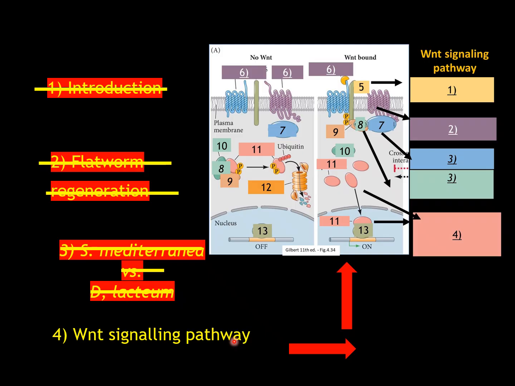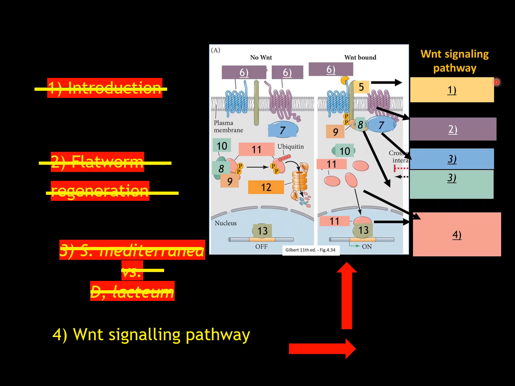I know studying pathways is sometimes a little bit difficult, so I'm not going to show you many pathways, but this one is just fundamental. There are 4 different components that you will see every time you see a pathway in cell biology, developmental biology, and cancer biology. There is always a receptor here, later there will be a signal transduction between 2 and 3, and finally there will be a response, for example, you see that this is off, now this is on, so we change the gene expression.